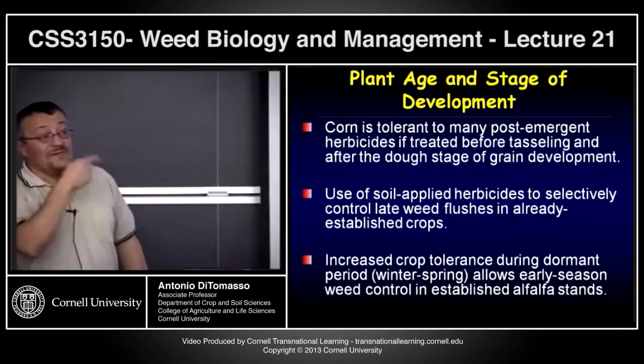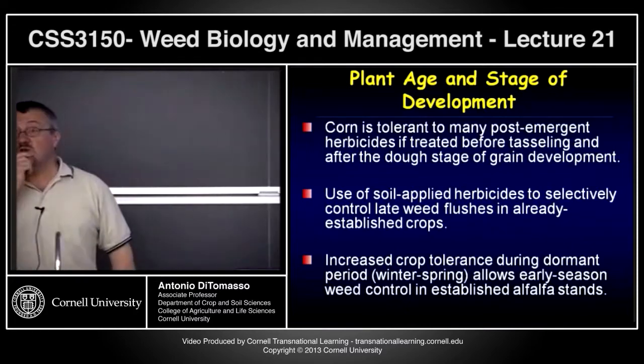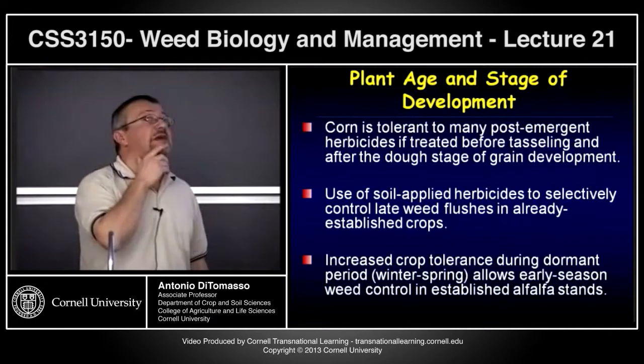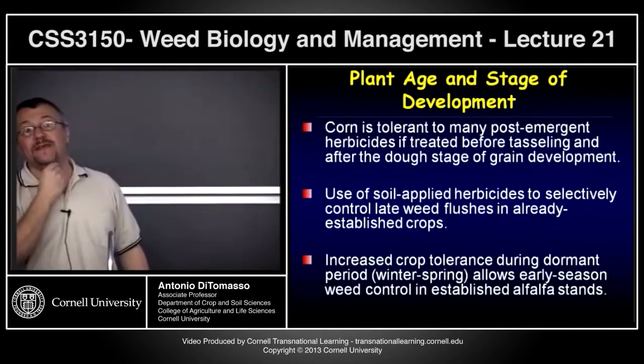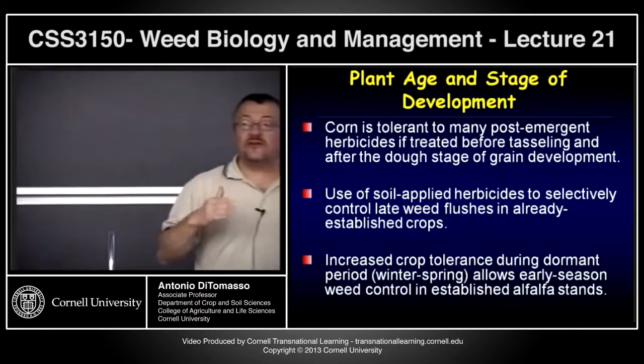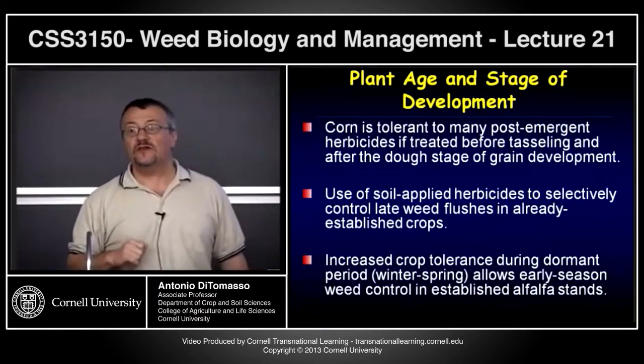Okay, this is an important one. We use a lot in New York. I don't know how many of you actually practiced this, but in alfalfa, we take advantage of the fact that alfalfa is dormant relatively later than some of our perennial weeds.